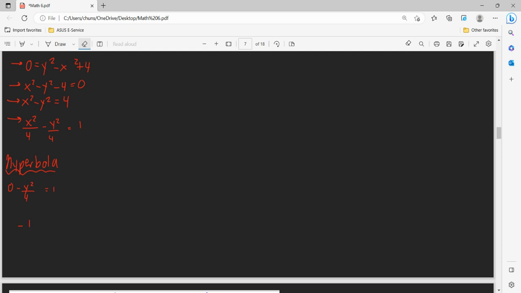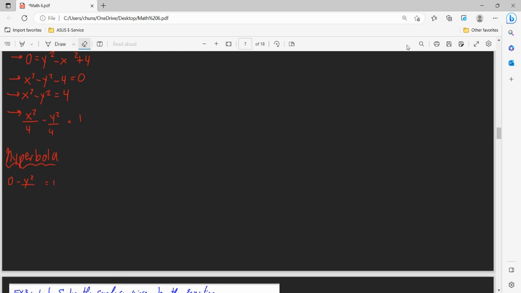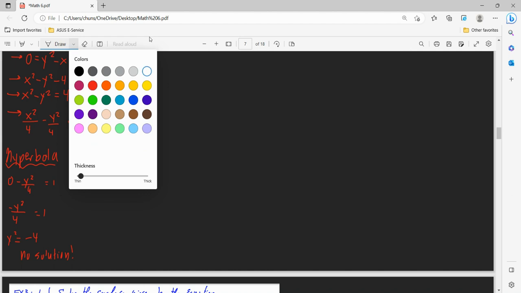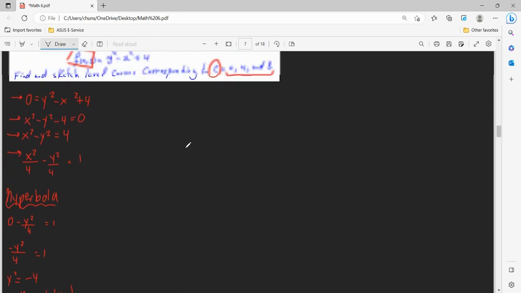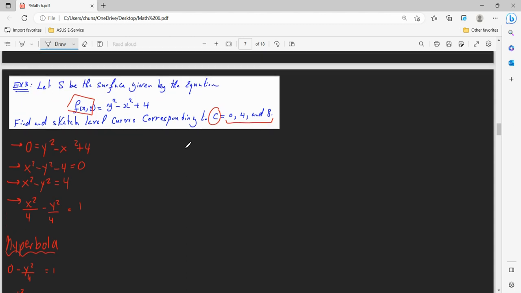So this is negative y squared over 4 equals 1, and this is y squared equals negative 4. So this has no solutions, right? So there's going to be no x-intercept in our hyperbola. So that can clue us in to open left and right.